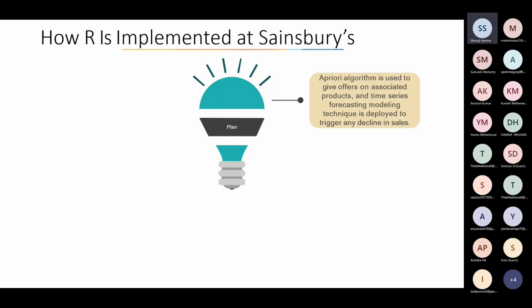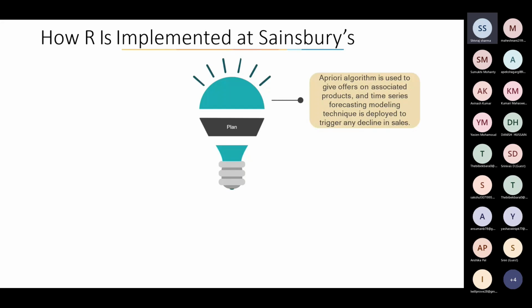If the sale is going down, they do not wait for the day when the analytical sheets or the sales sheets come in front of them at the end of the month. Instantly, our language, through its modeling and its analytical system, gives an alert as well as implements some offer on the products that are going downward.